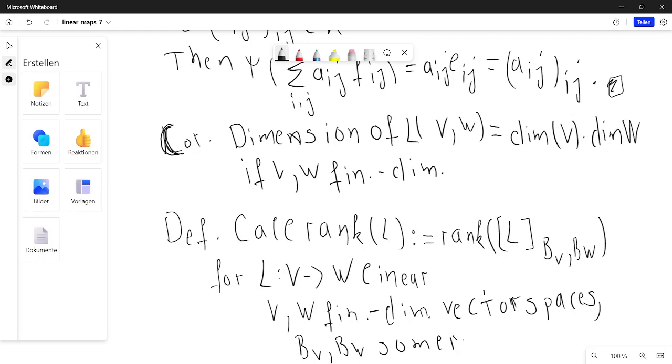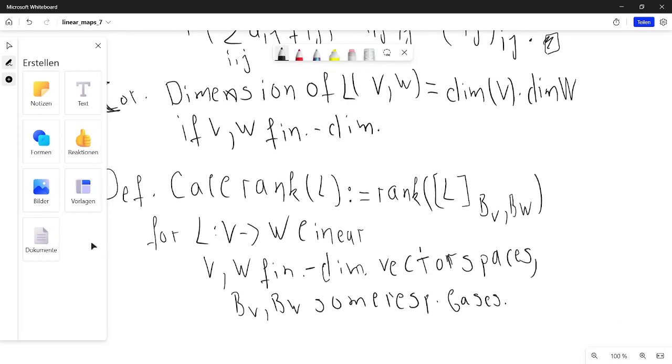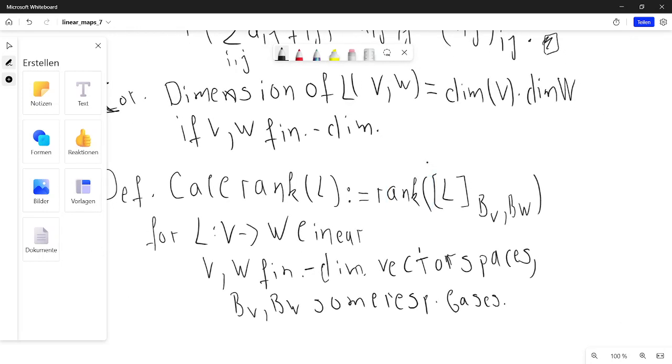That is why, well, just suppose we would have other bases, B_V tilde and B_W tilde.